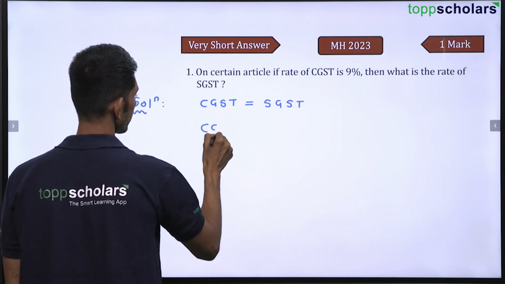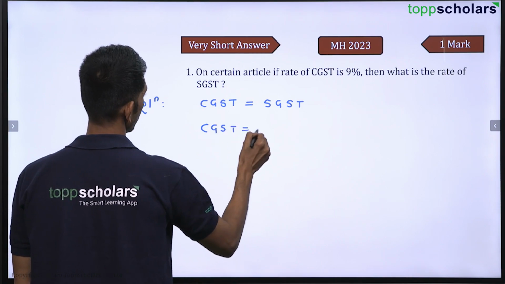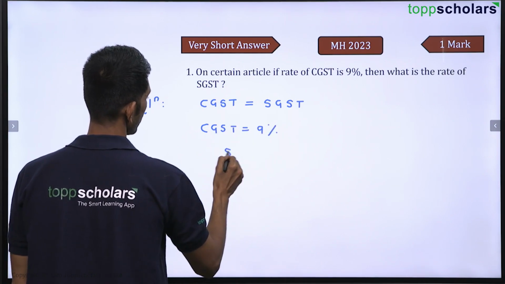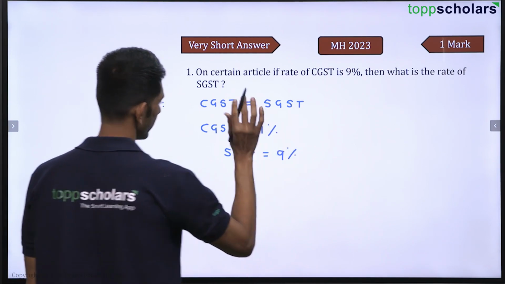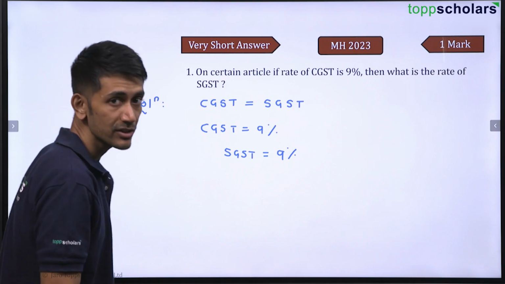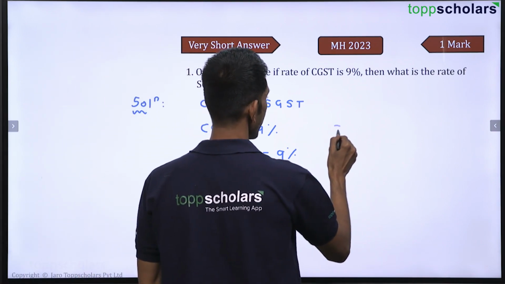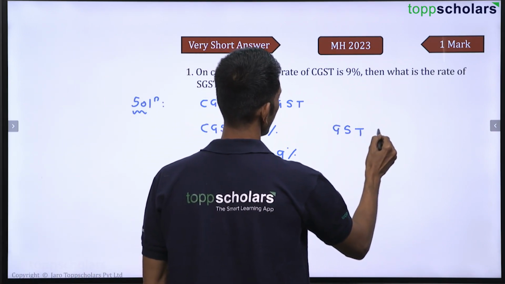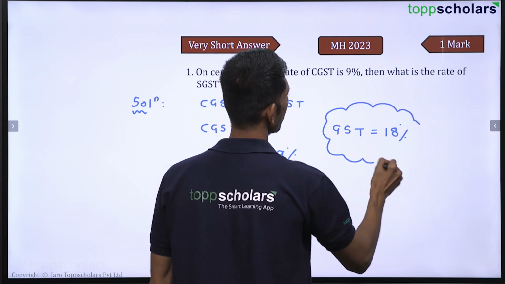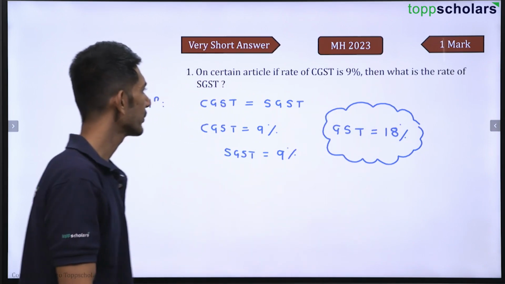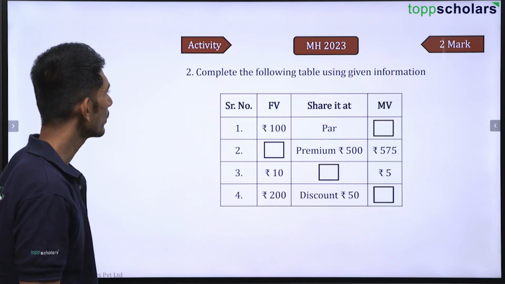So if CGST is 9%, SGST is also equal to 9%. What is GST? GST is the addition of both. So GST will be obviously equal to 18% for this particular example. It is not asked, I am just telling you. Okay, let's move on to a new question now.